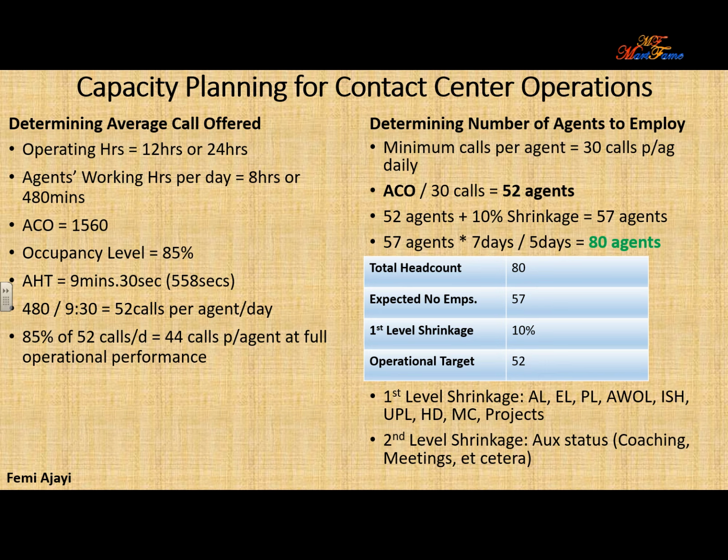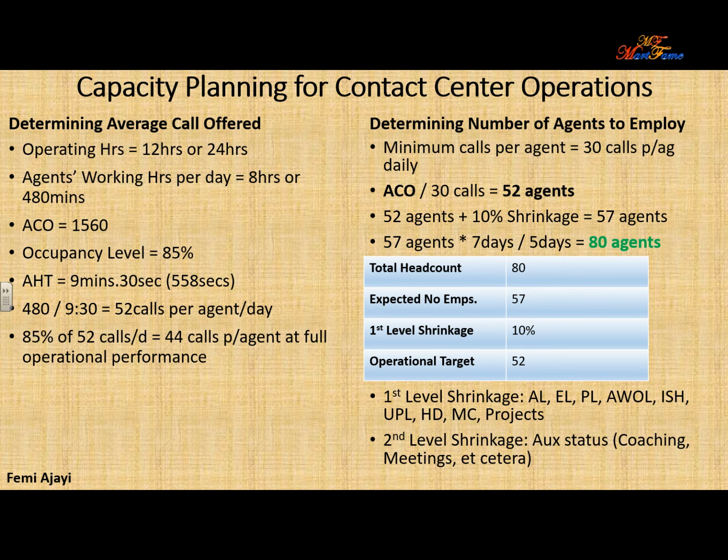So we now have 85% as our occupancy level. So 85% of 52 will give you 44 calls. So that means you want each agent to take a maximum of 44 calls per day at full operational performance.